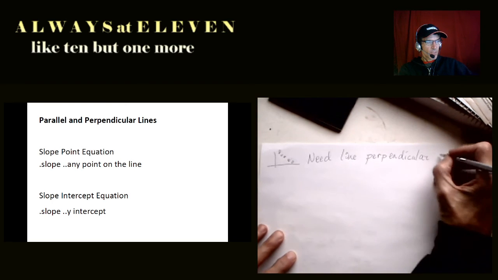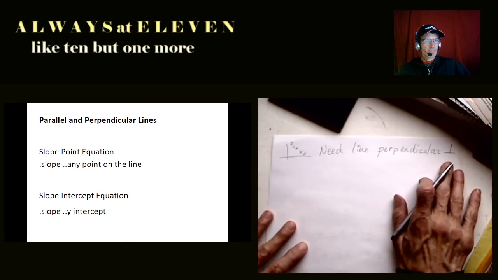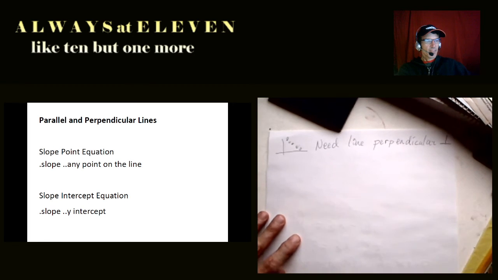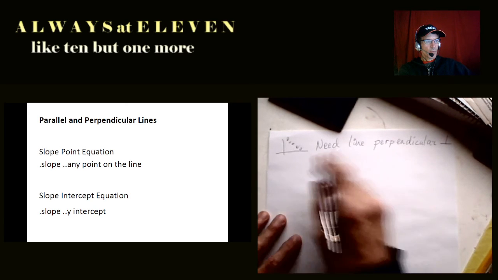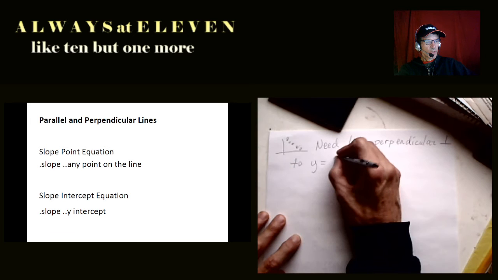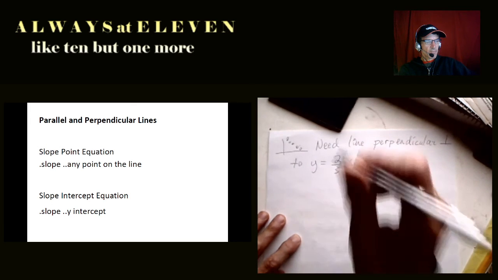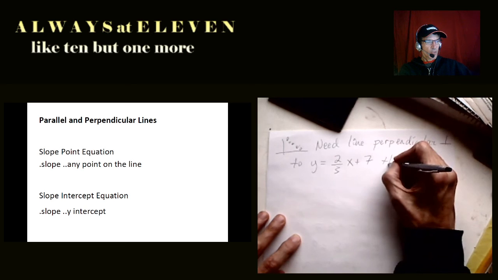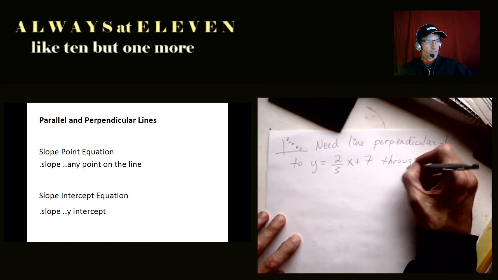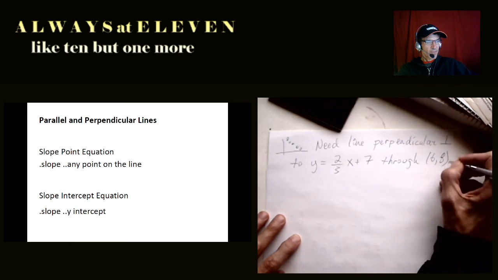But the cool kids, they just use that symbol there for perpendicular. I need a line perpendicular to y equals 2 over 3x plus 7, and going through the point (6, 8).